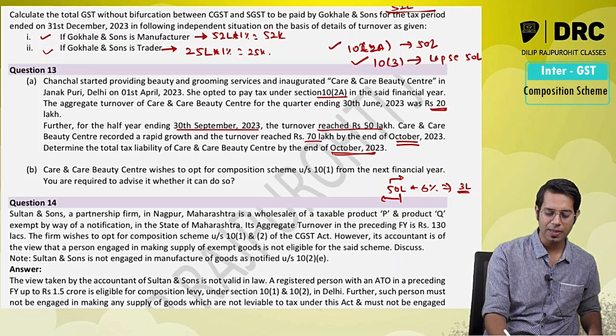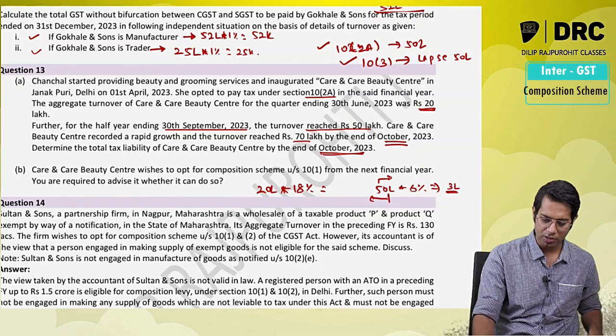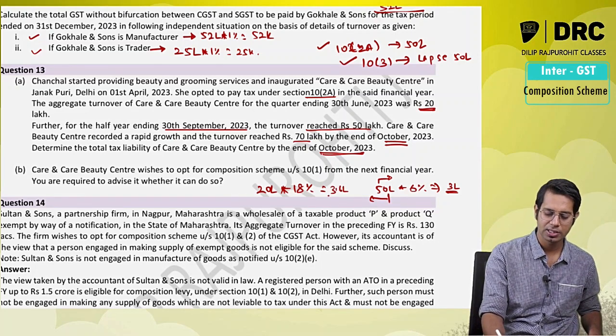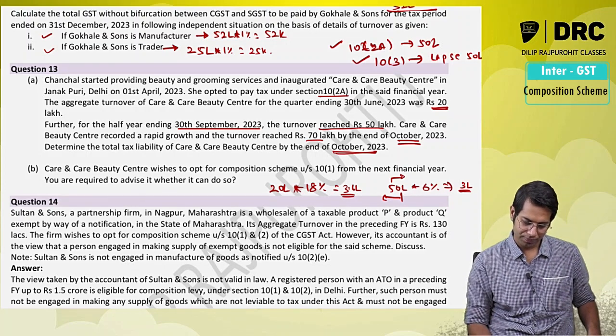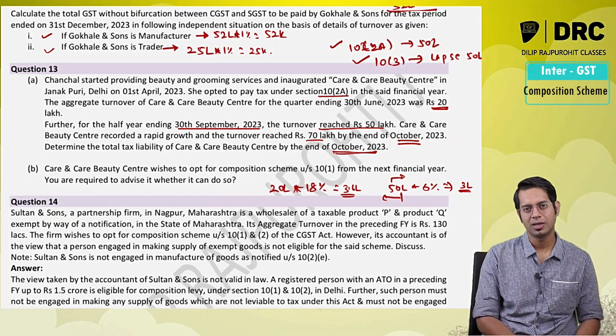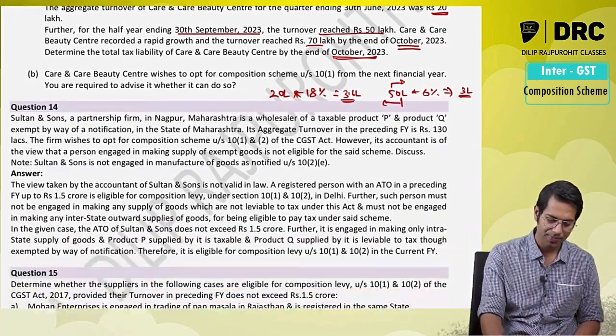After that, whatever supplies were made, which is equal to 20 lakh rupees, will be taxable at 18%, because it is service. Normally the rate of service is 18%. 20 lakhs into 18% will be equal to 3 lakhs 60,000. So what is its total tax liability? 3.6 lakhs and 3 lakhs as a composition dealer, 3.6 lakhs as normal dealer.